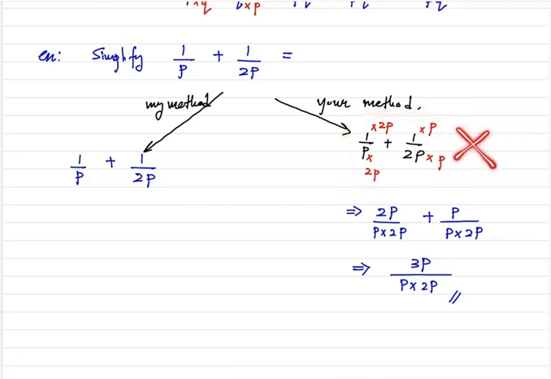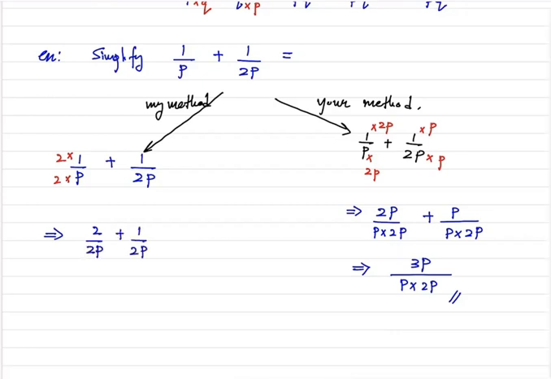It is okay that we do it the other way. Everybody knows that method, right? But that method can be inconvenient in some places, so understand how to play with it. Now, what I'm going to do is multiply this by 2, top by 2. Then what I'm going to have is 2 divided by 2P plus 1 divided by 2P.